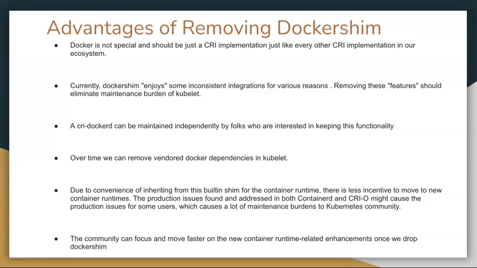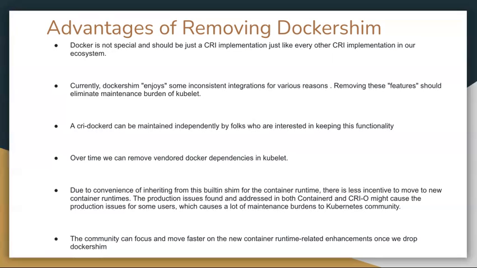The production issues found and addressed in both containerd and CRI-O might cause production issues for some users, which causes a lot of maintenance burden on the Kubernetes community. So this is what they were expecting. They were getting production issues from users, which was a maintenance burden for the Kubernetes community, and they were involved in order to resolve it, because there was some extra component which was just using Docker, right?